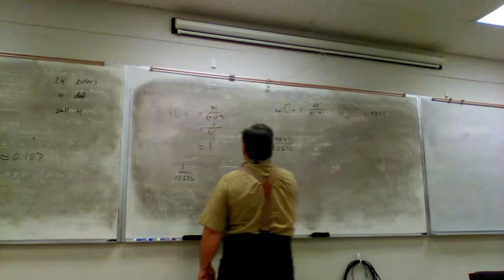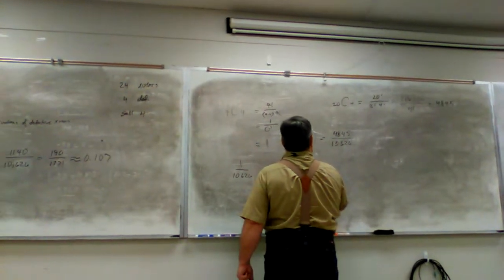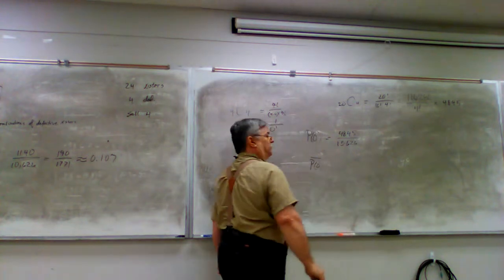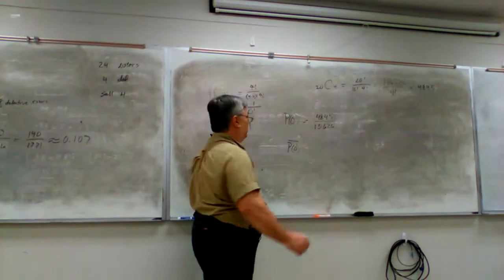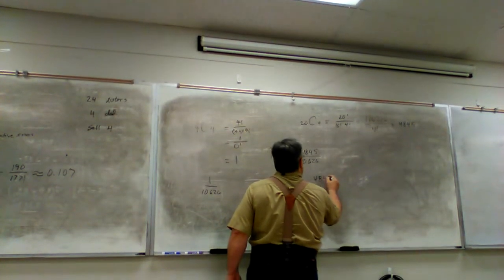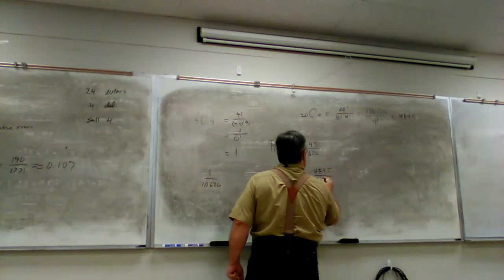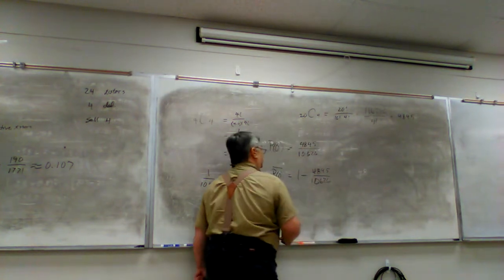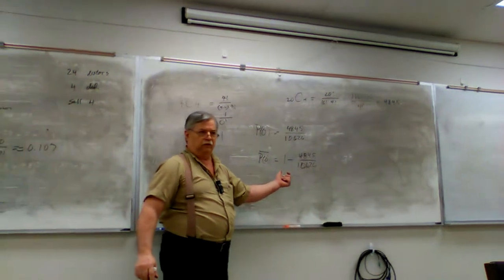So the probability of at least 1 is the complement of the probability of 0, which is 1 minus 4845 over 10,626.